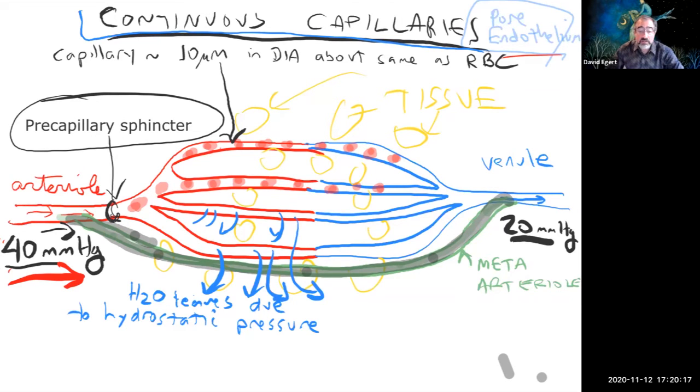So as we enter into the capillary bed, we start losing water out of the plasma into the tissue space, that interstitial space. I think I've mentioned that word before. The space in between the cells is just called the interstitial space.